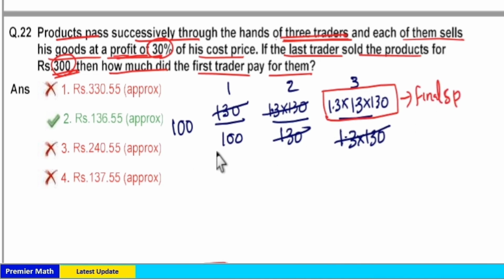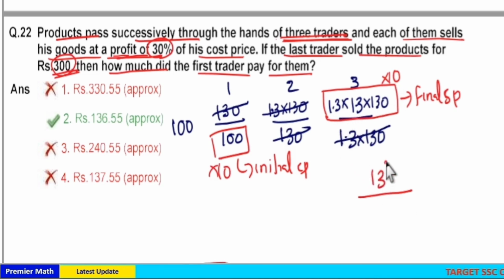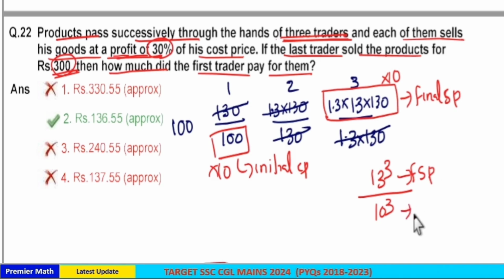And here this 100 is the initial CP. If I multiply 1.3 into 1.3 into 130 with 10, I should also multiply the other with 10. Now you can see this is equal to 13 into 13 into 13, 13 cube, and here this is 10 cube. That way this 13 cube is the final sell price and this 10 cube is the initial cost price.